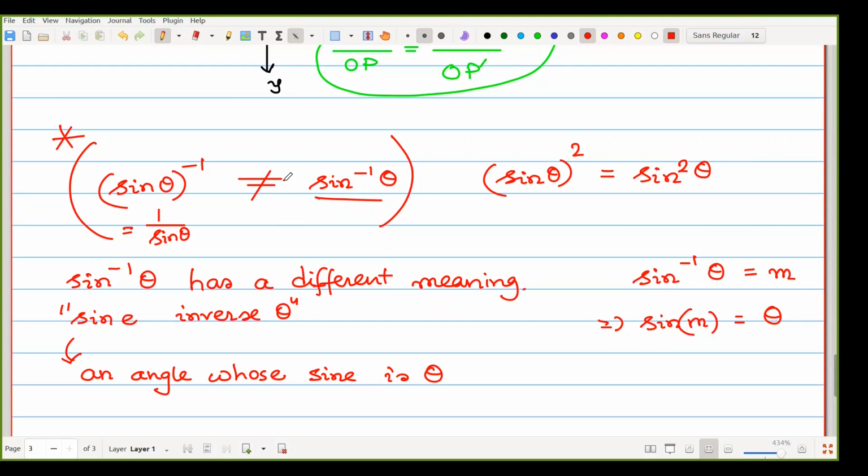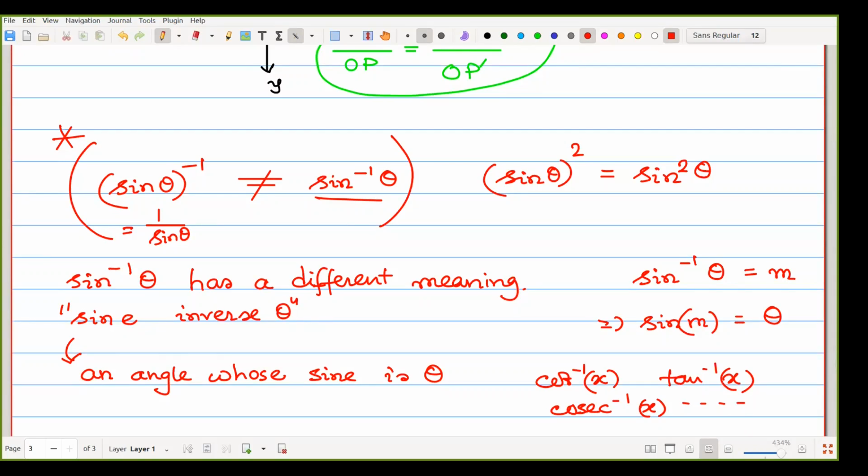Okay, and that is also true for any other. That means suppose cot inverse x or theta, tan inverse x or theta, or cosec inverse x or theta, like that. Up to that, some trigonometrical functions have been defined.